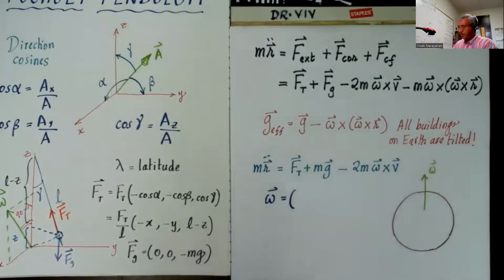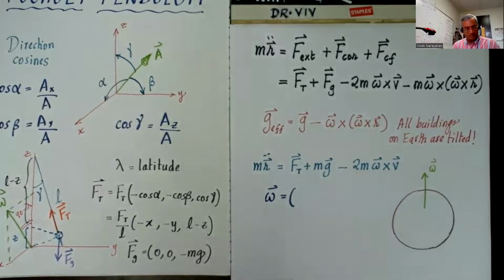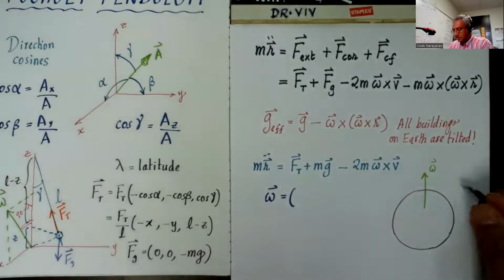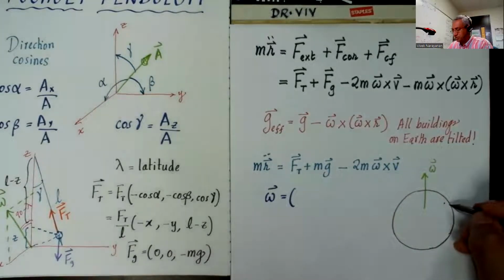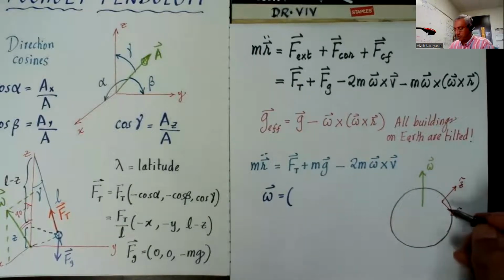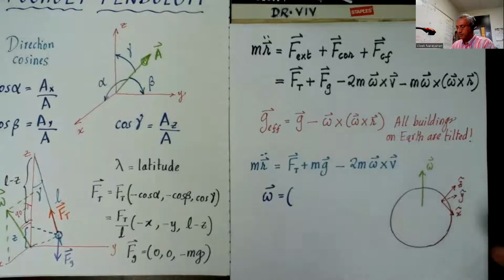If this is omega, and my coordinate system where the museum is located, that is going to be my z-axis, my x-axis. This is the same coordinate system I used for the Coriolis computation in the previous video. Y-axis into the page, which I've drawn with a dotted line.